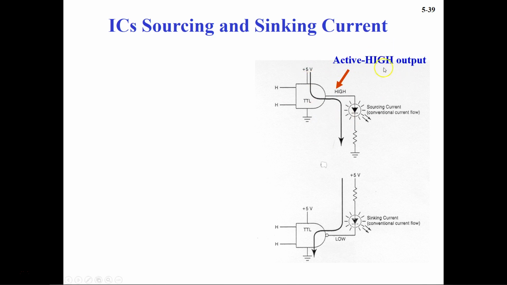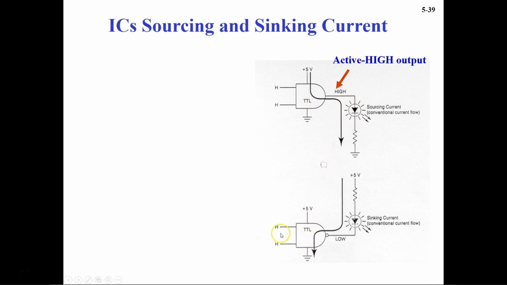So active high output, and this type of circuit is sourcing, because the load, let's say this is our load, is getting the power from the source. So that is why it is called sourcing, or you are getting the source current. The load is getting the source current.